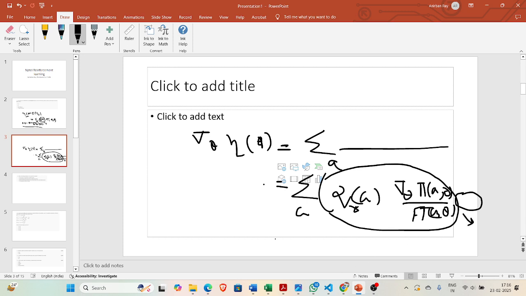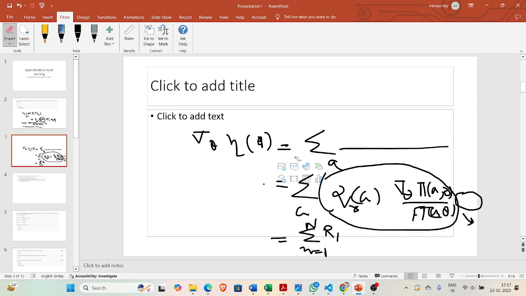And this becomes a summation over n equals 1 to capital N, for n batches, of the expected reward R_n del theta. So this is what we'll get.